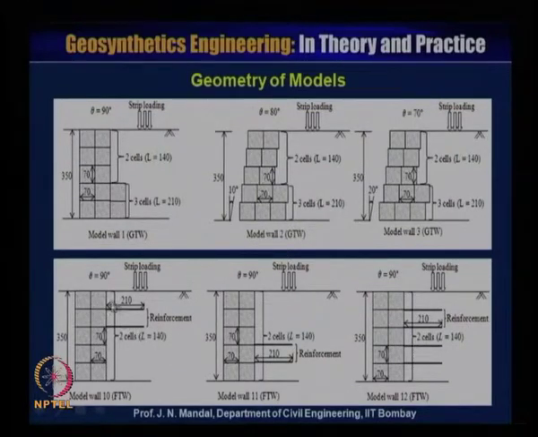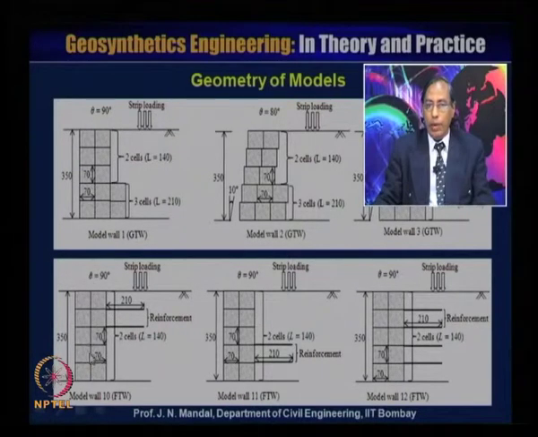Here is the reinforcement 210, and this is only 2 cell as a facing element. Similarly, this is model wall 11, this acts as a facing element, and this is the length of the reinforcement. And then you are changing the length of this, I put at the top, this is placed at the bottom.